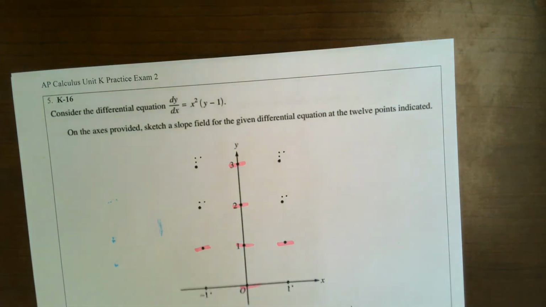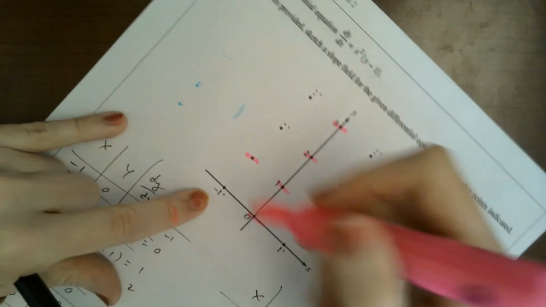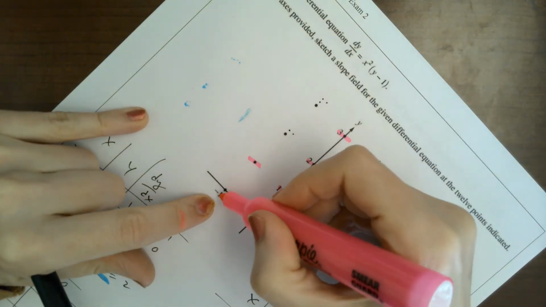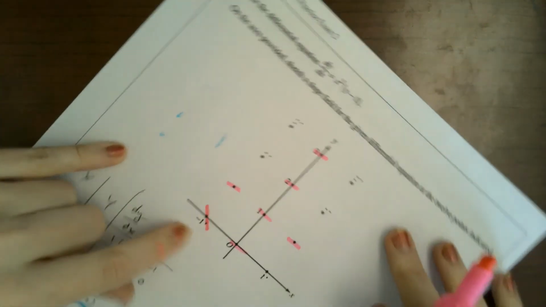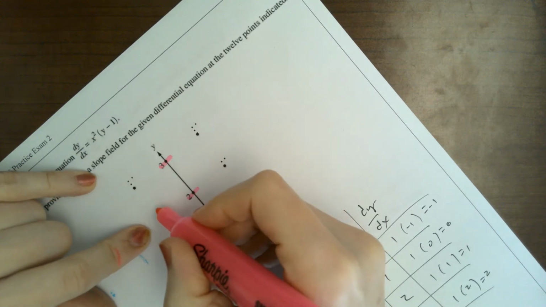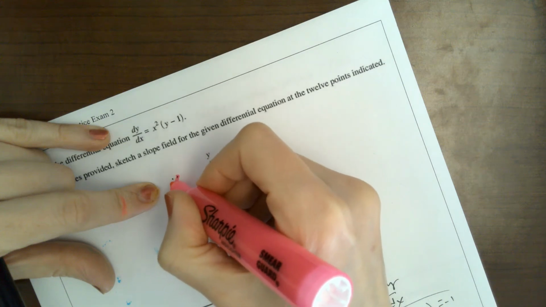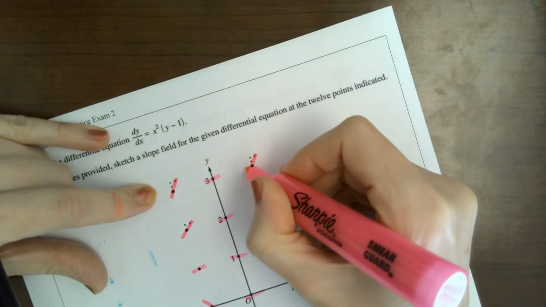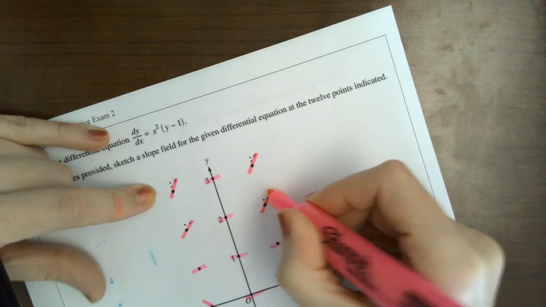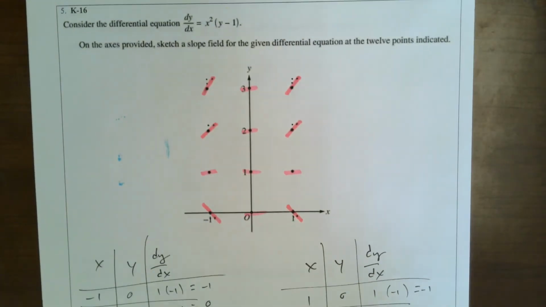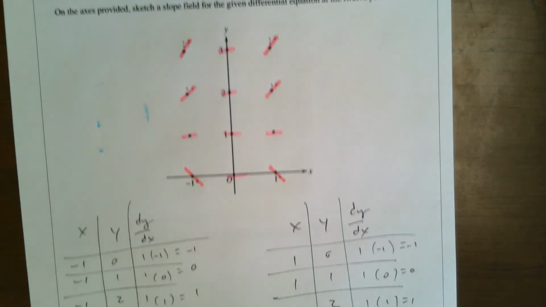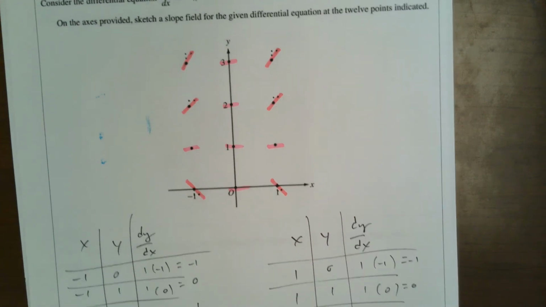Okay, and then guys, I'm going to go back through and connect them. So the little dot that I ended with, I'm just going to connect through the original dot. And if you do that, guys, you should get the relative steepness of the slopes pretty accurate. Okay, so there's that. All right, we have got 2 more problems.